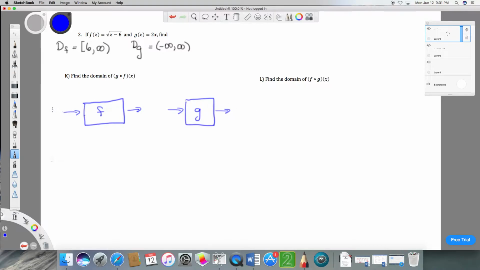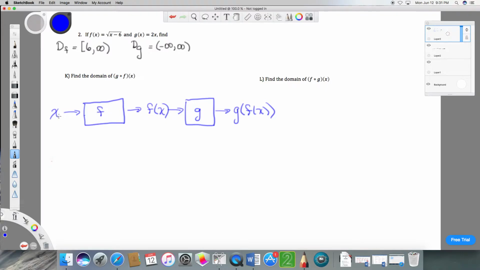So we pump in some value as input into f, the output of f becomes the input for g, and so to be in the domain, we have to make it through both functions. The output has to be well defined.